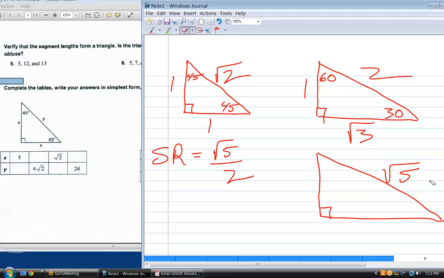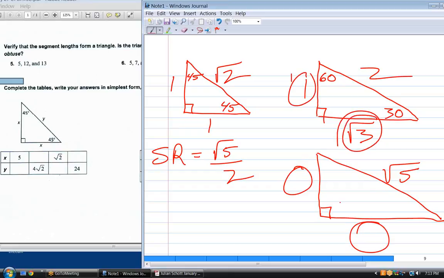In other words, don't make it harder than it is. Once you figure out which is the bigger triangle, then just take the bigger side and divide it by the corresponding smaller side, and that is the similarity ratio. Okay? Now we're going to take that similarity ratio to get these two sides. We're going to multiply it by that to get that side, multiply it by that to get the bottom side.